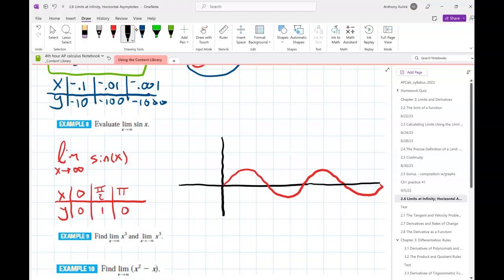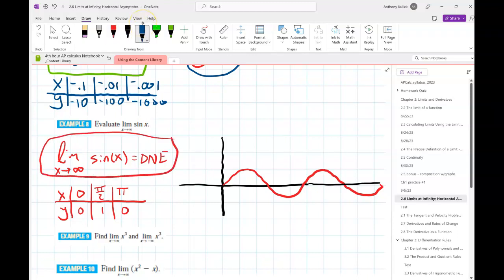No matter how far you go, you can go a little further and it starts heading the other direction. It looks like it's heading to -1, but if you keep going further, it's going to start heading to +1. But if you keep going further, it's back to -1. And it's just going to keep going like that forever, correct? So what should we say the limit is? Does not exist.